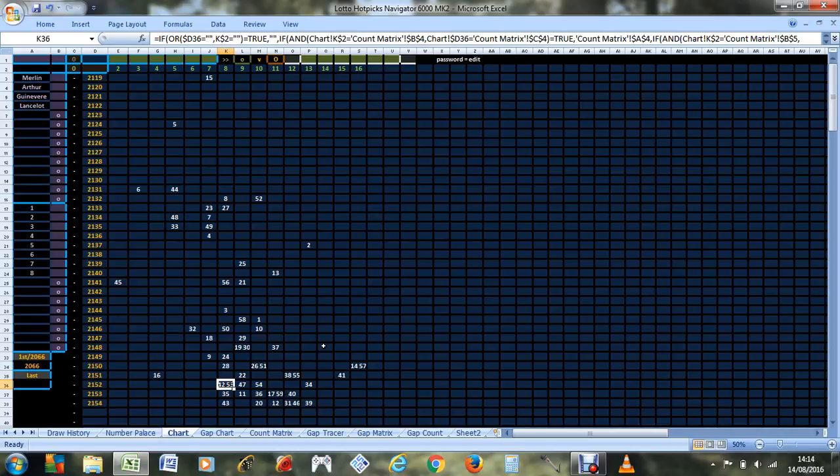And what I find interesting to note is that we've got two numbers close together on a part of the chart that's not very dense. So I would predict that one of these two numbers just there is going to come out in the next draw. But which one I don't know.